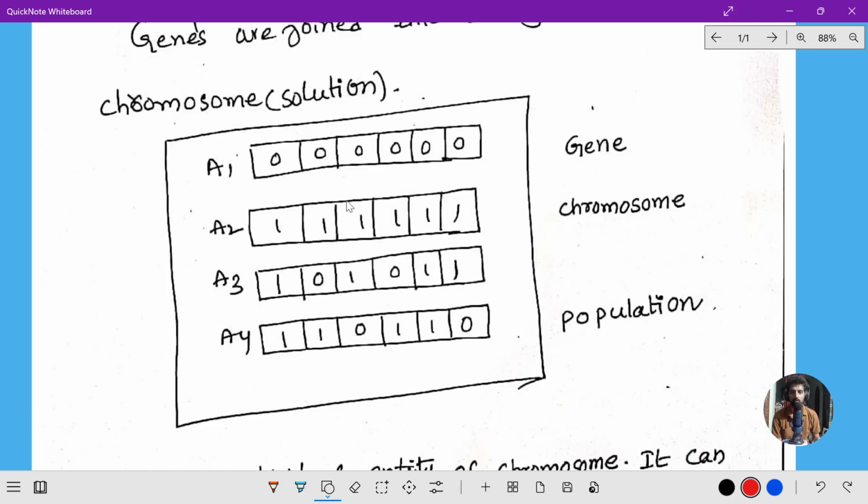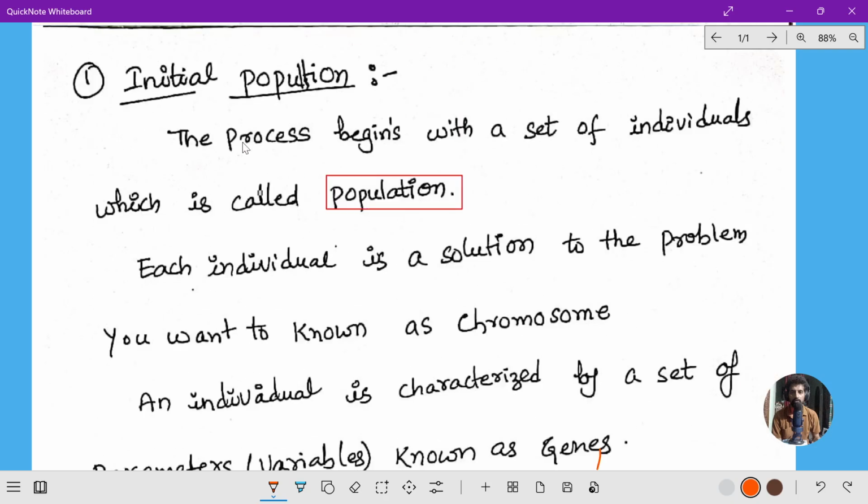In this diagram, you can see that A1 is an individual solution, A2 is an individual solution, A3 is an individual solution, and A4 is an individual solution. This is called the population.